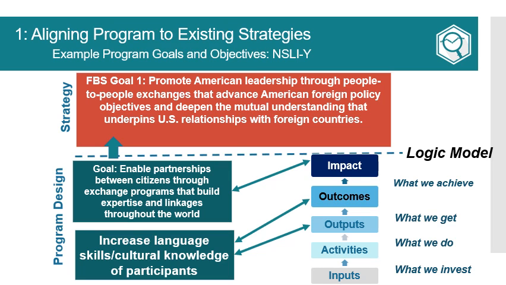But as you can see, the outputs and outcomes contribute to our program-specific objective of increasing language skills. And our impact at the top of the logic model, what we aim to achieve, feeds into the program-specific goal of enabling partnerships between citizens. And that in turn contributes to the larger functional bureau strategy goal, which is the most wide-ranging and ambitious.